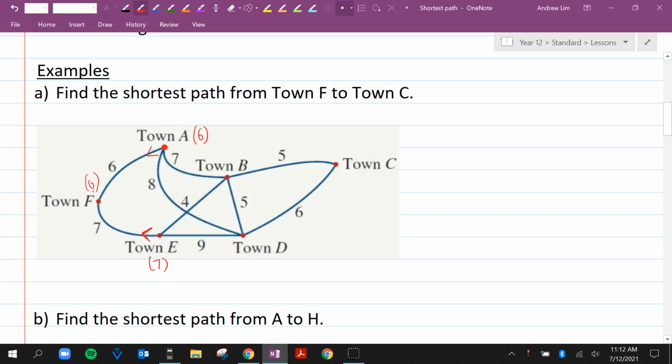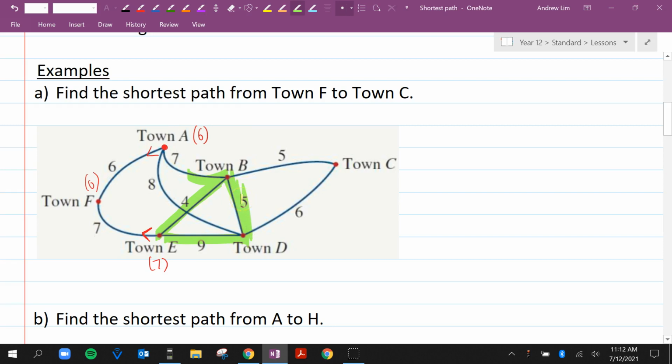Now that we've done those, let's just keep moving forward. To Town B, what would the lowest be? So there's 3 ways to get here: 1, 2, and 3. So it will either be 6 plus 7, which is 13, or be 7 plus 4, which is 11, or be 7 plus 9 plus 5.